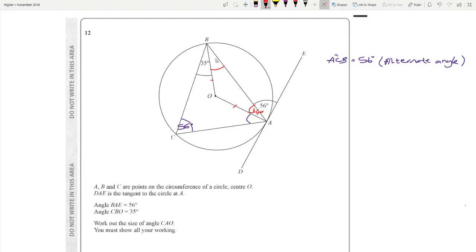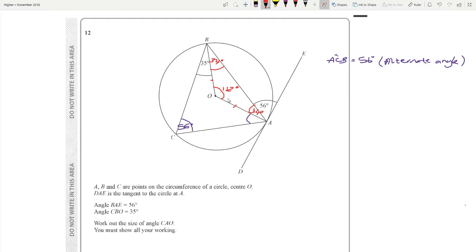So this is also going to be 34 degrees. Now why is that important? Well, now we can work out angle AOB as well, because angles in a triangle add up to 180. If that's 34 and that's 34, that's 68. Therefore this angle in the center is 112.